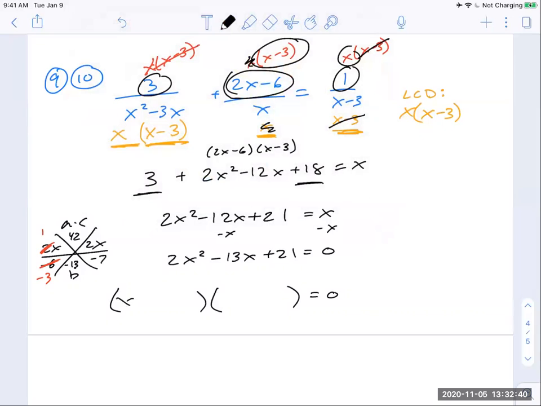I get x minus 3, 2x minus 7. You split these up.